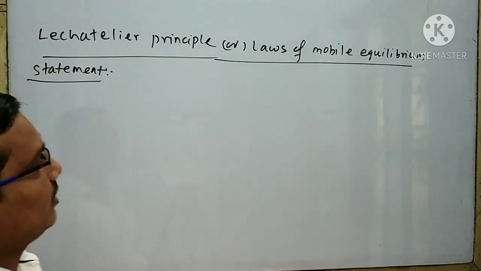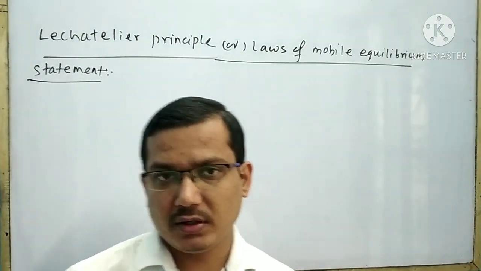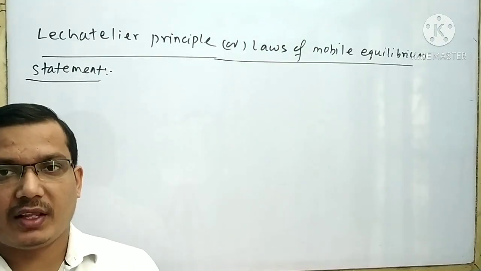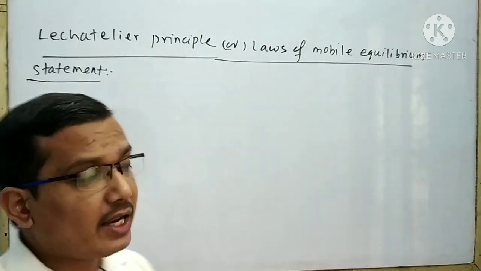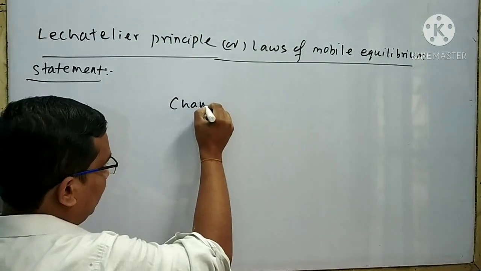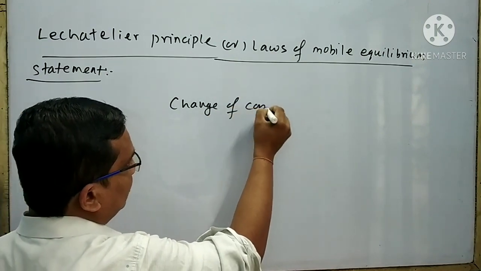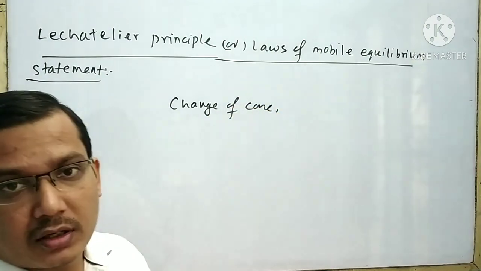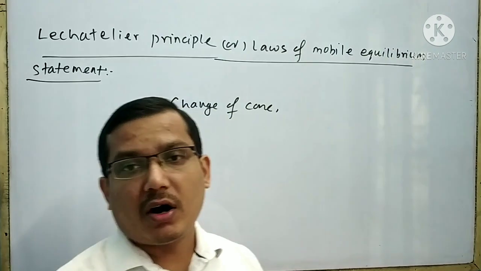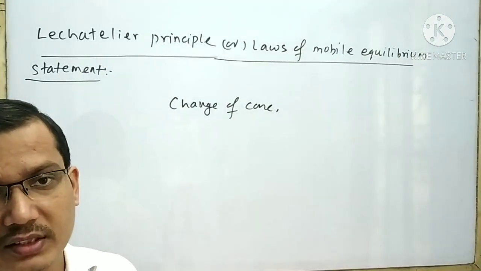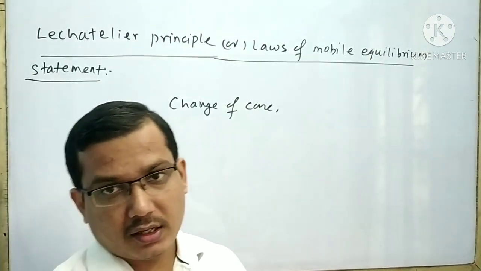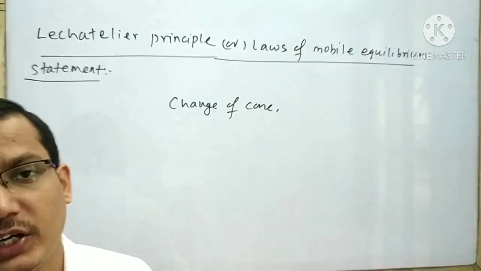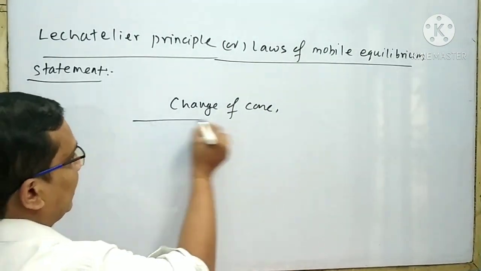According to the statement of Le Chatelier's principle, if a system in equilibrium is subjected to a change of concentration, pressure or temperature, then the equilibrium shifts in the direction that tends to reduce the effect of change.